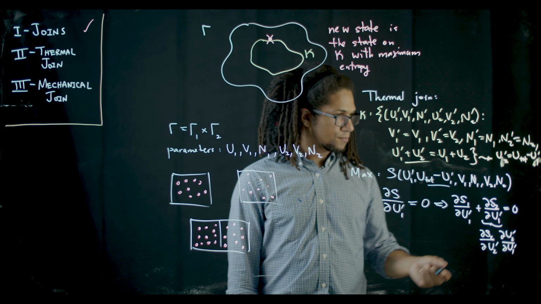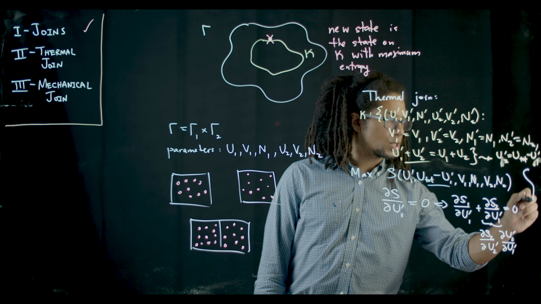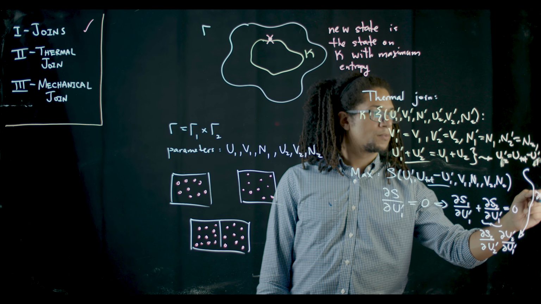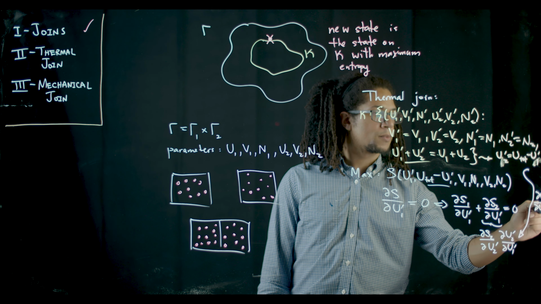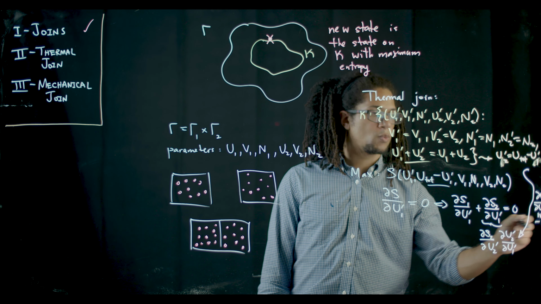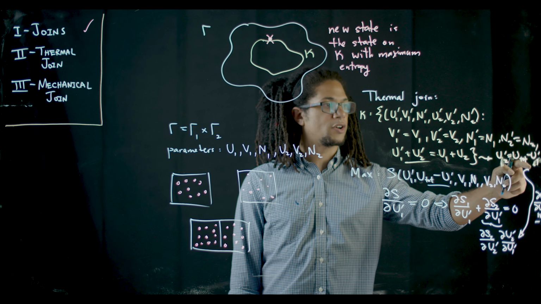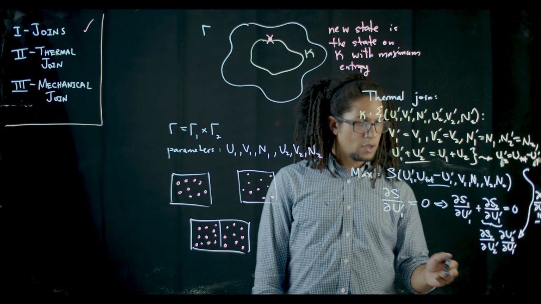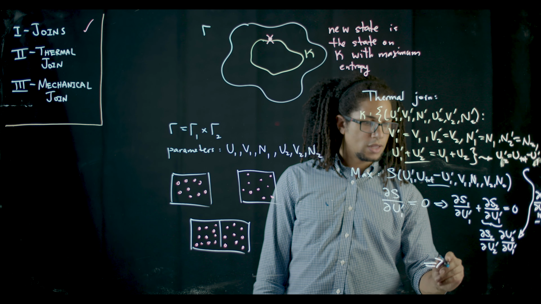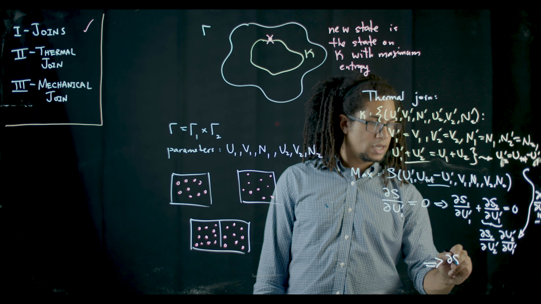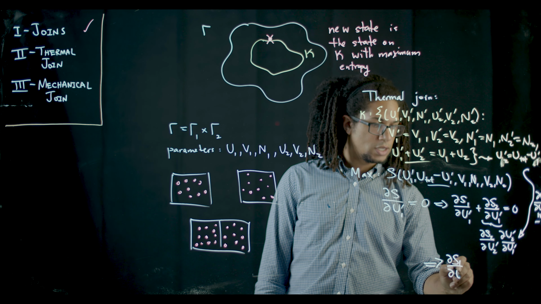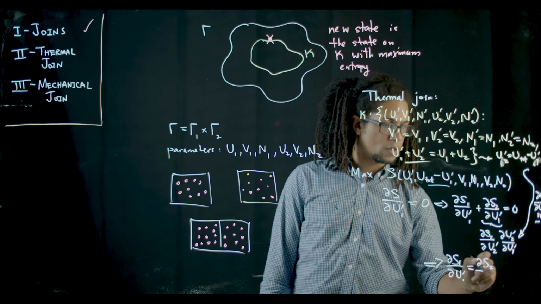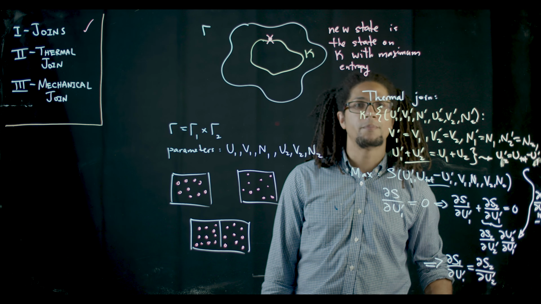All right, good. But then looking at this equation right here, partial u2 prime partial u1 prime is simply equal to minus 1, because this is a linear function and the coefficient of u1 prime is negative 1.